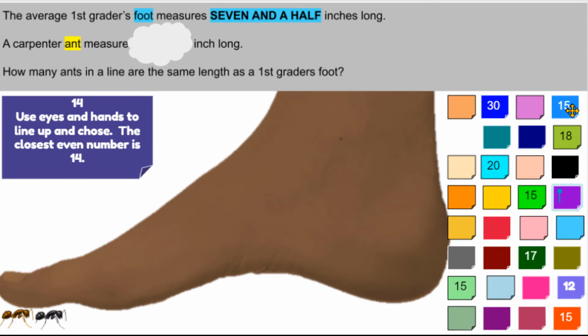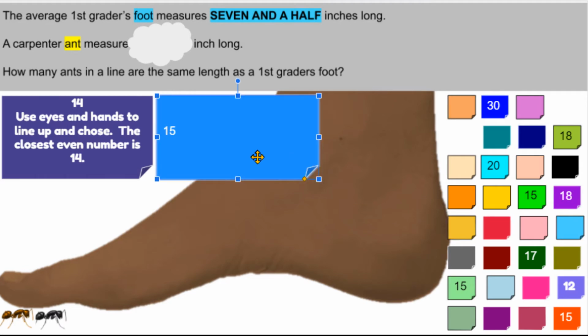Speaking of odd number, let's hear from someone who did an odd. This light blue one has 15. If that was you, would you turn on your mic and just tell us, why did you pick 15? What was your brain doing? Looking at 7.5, I thought maybe put the half aside.